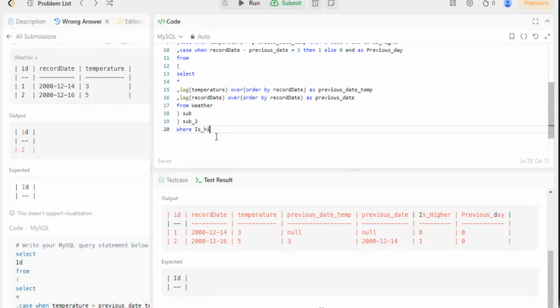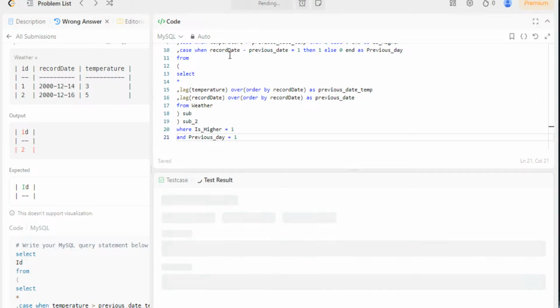Where is higher and previous day, hang on, is higher equal to 1, and I like to do this, equal to 1. So I like each line and I like each condition. So now I run this and I will pass both of these.